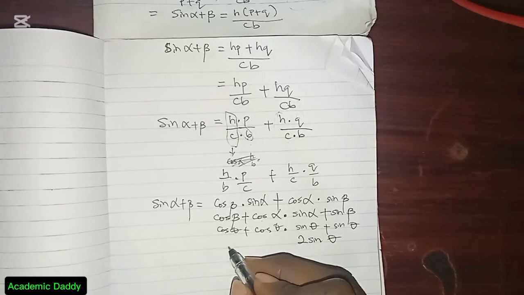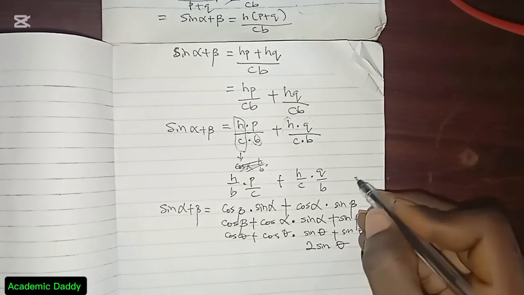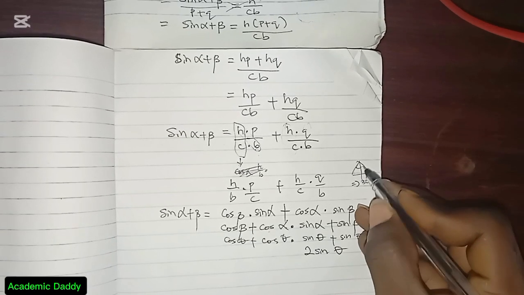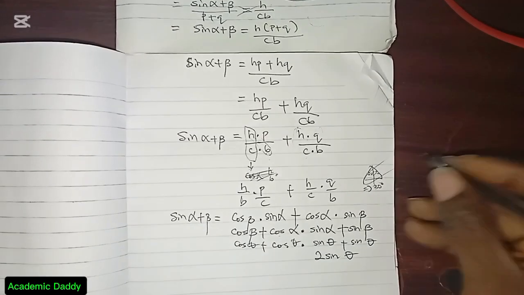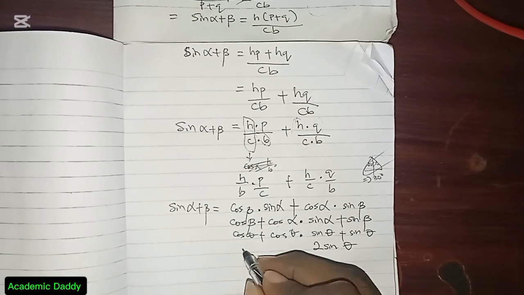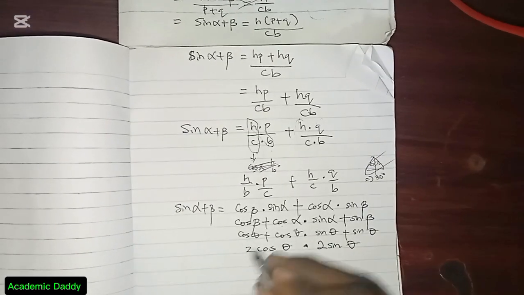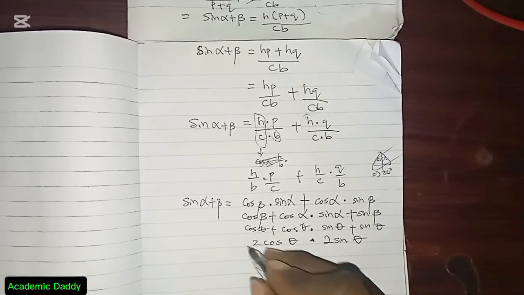So if that is the case, we use beta and alpha. Notice that beta and alpha that we used, they are both equals to 30 degrees up there, if you remember. So that's why we just used alpha and beta to be able to make the differentiation. So this is the same thing as saying 2 cos theta sin theta.